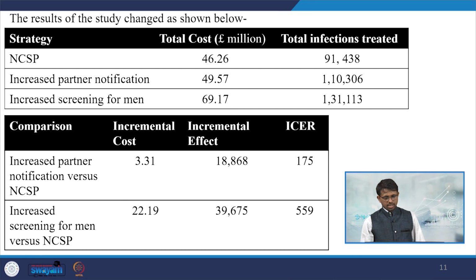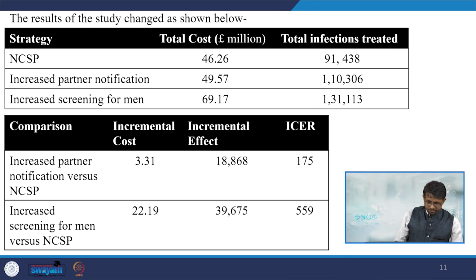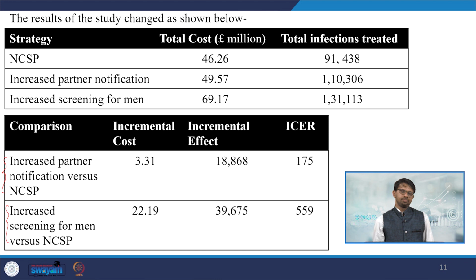The same example is in the first table. In the second one, we are trying to find the ICER and other details. The first one is basically increased partner notification versus NCSP, and the second one is increased screening for men versus NCSP.